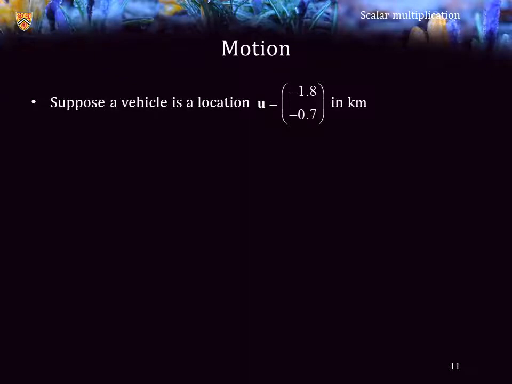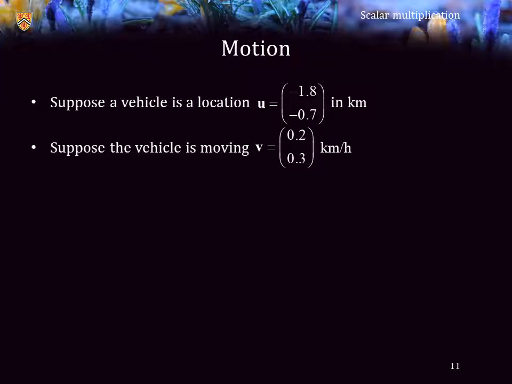Now, suppose that we have a vehicle and it's at this particular location relative to the zero vector. We're going to assume that this is in kilometers. Suppose that the vehicle is known to move in 1 hour 0.2 to the right, 0.3 kilometers up.